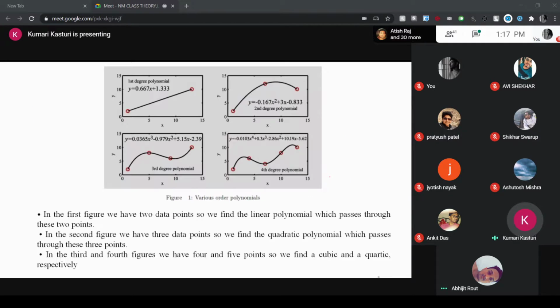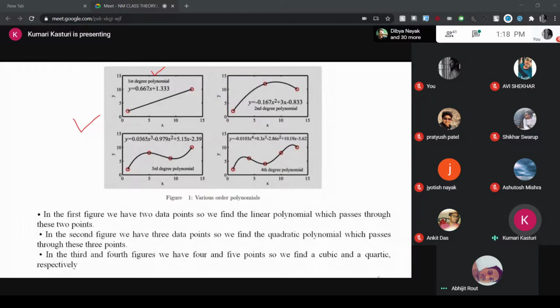Now just see here. This is a figure given to you, in which four examples are given. In the first figure, we are considering 2 points.